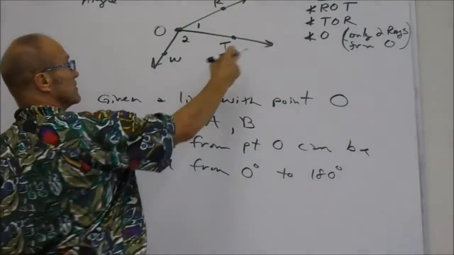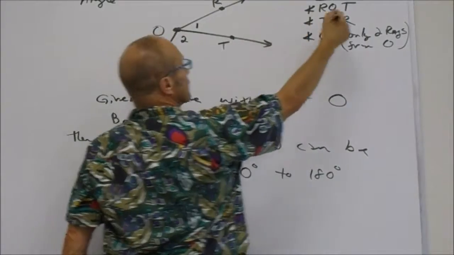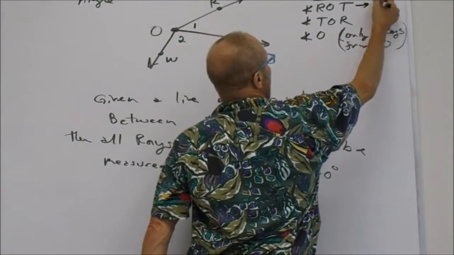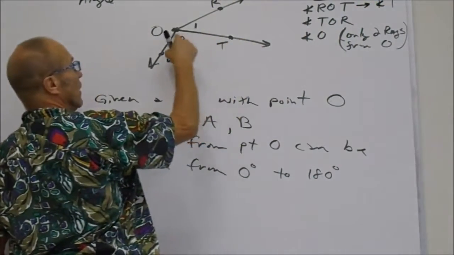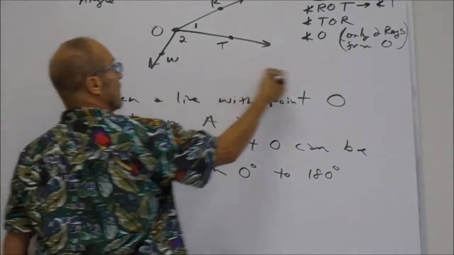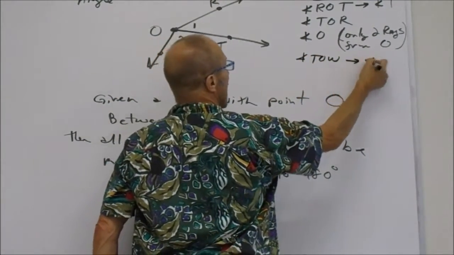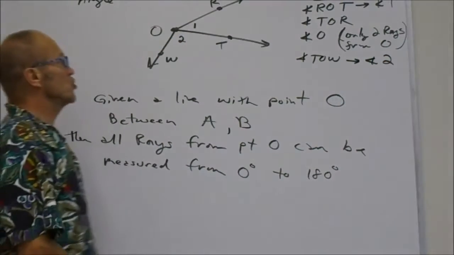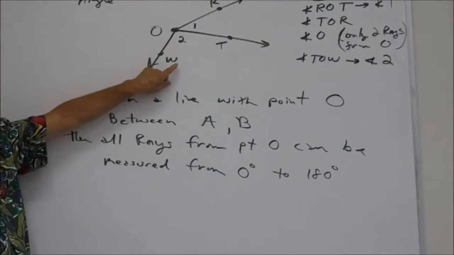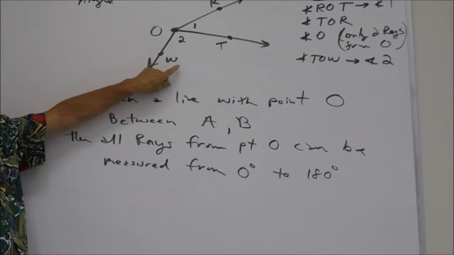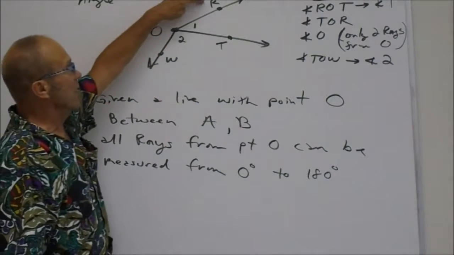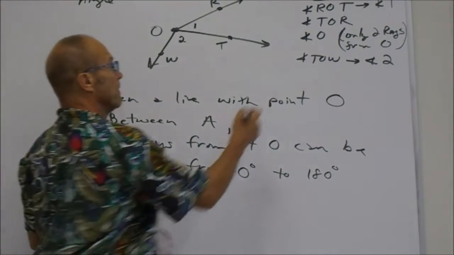It's a shortcut. Instead of saying ROT, we could say this is the same as angle 1, and TOW could be written as angle 2. So that's a shortcut for these types of angles. And then, of course, there is the large angle, ROW.